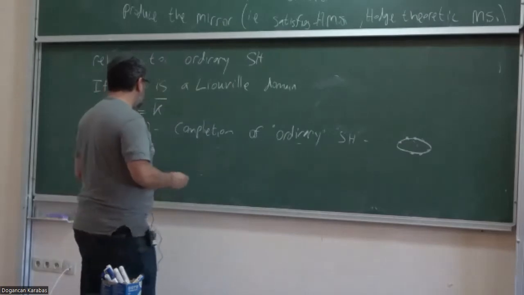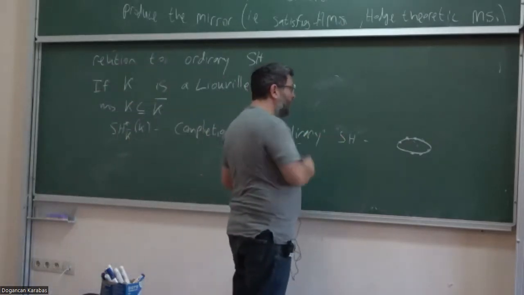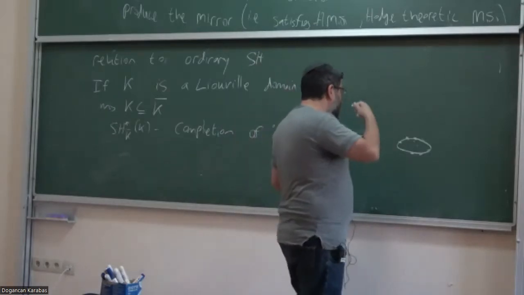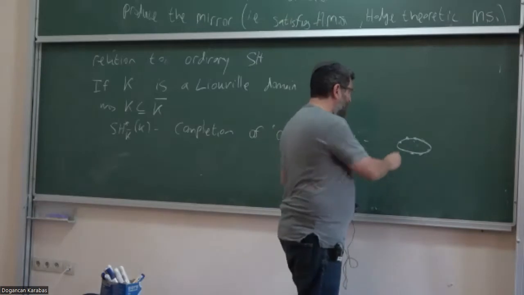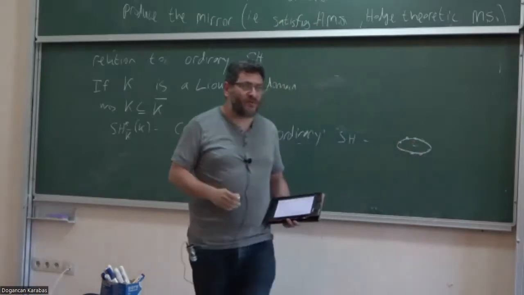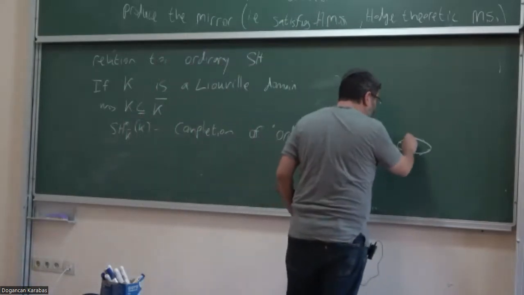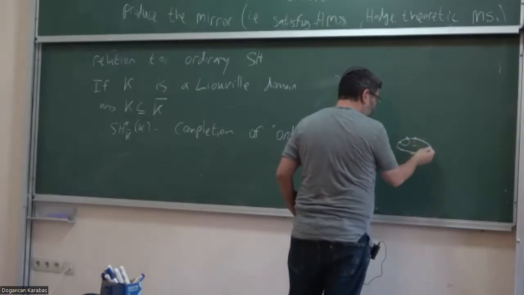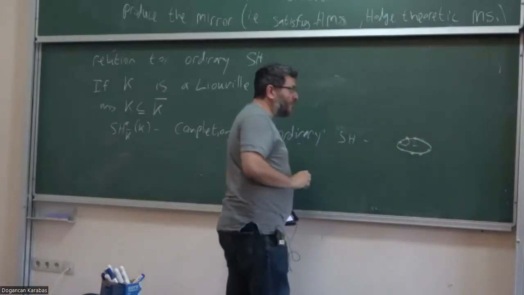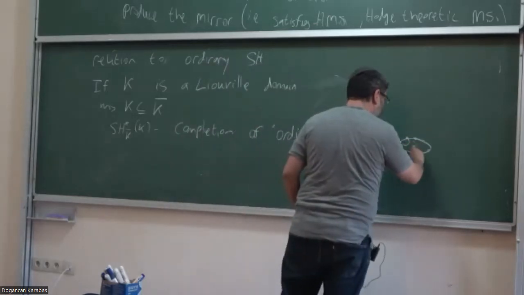As a module, as a vector space, ordinary SH is the homology of a complex which is generated by critical points inside and by Reeb orbits on this boundary. There is a differential which counts all kinds of curves which connect these Reeb orbits, and there's a product which counts pairs of paths which connect.